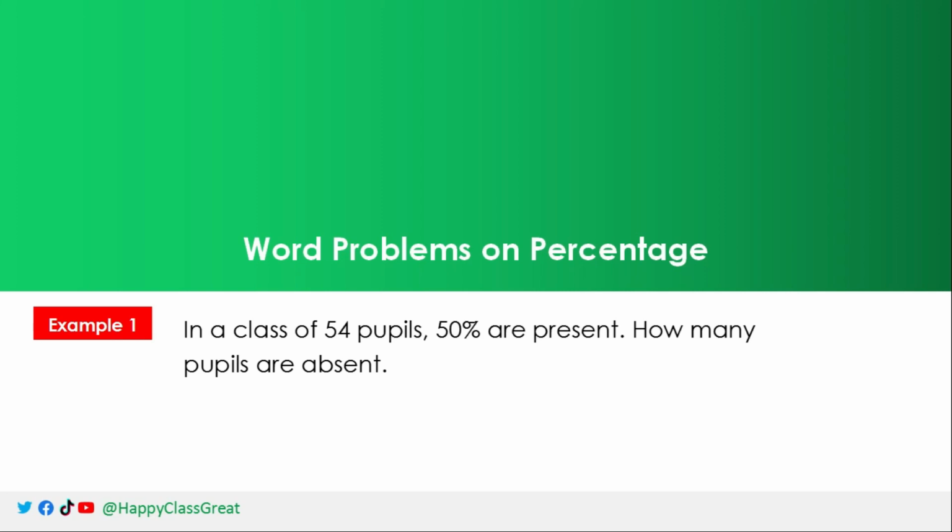Now if we want to get this, you first calculate the percentage of those that are present. That will be 50%, because 50% of the pupils are present. That will be 50% of 54. You understand? So that's the number of pupils that are present. Now if you want to calculate 50% of 54, that would be 0.5 times 54.